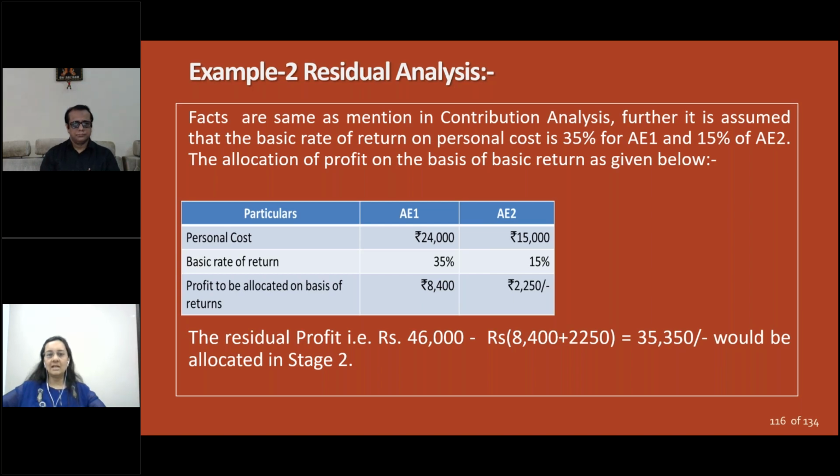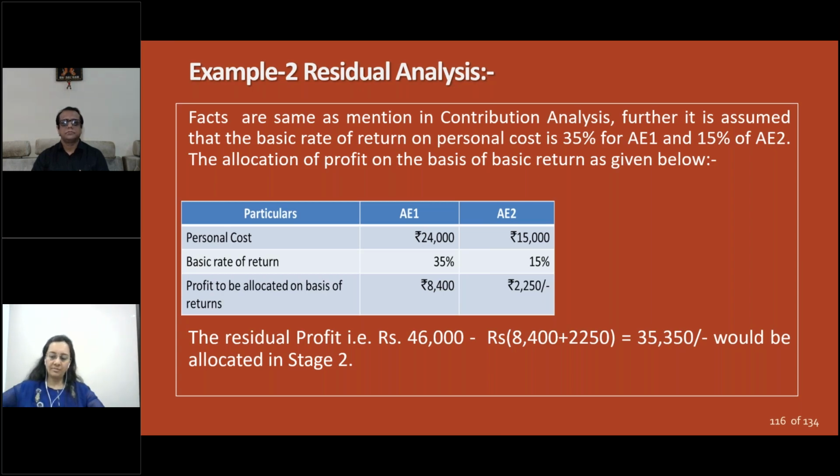This is the residual analysis: once the basic profit is already allocated, what is the residual profit that can be allocated? Of the 46,000, 8,400 and 2,250 we have already allocated in the first stage, based on the basic return on personnel cost of 35% and 15%, which is based on the FAR done for their contribution based on their comparables.